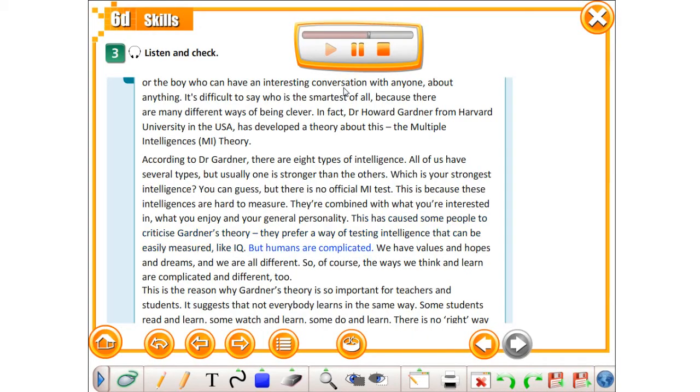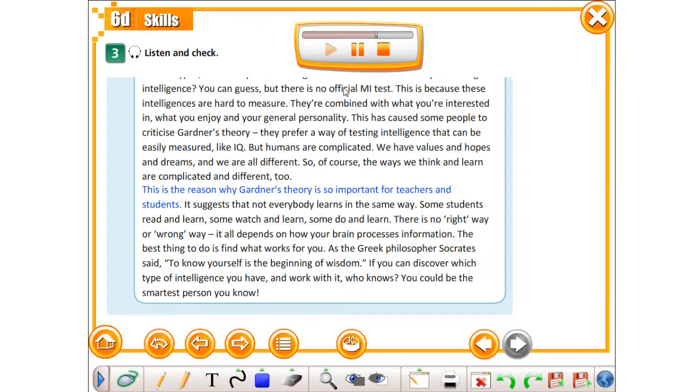But humans are complicated. We have values and hopes and dreams, and we are all different. So, of course, the ways we think and learn are complicated and different too. This is the reason why Gardner's theory is so important for teachers and students. It suggests that not everybody learns in the same way.